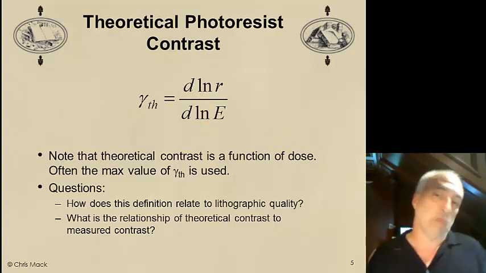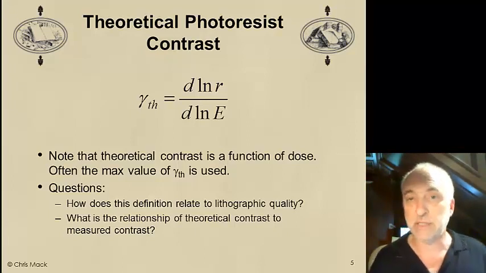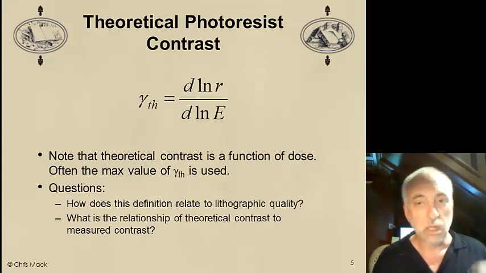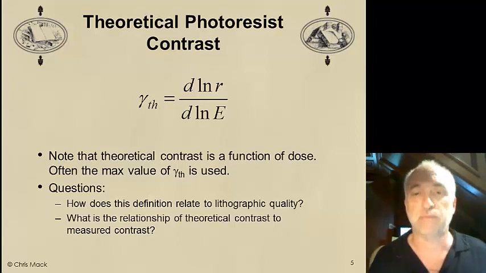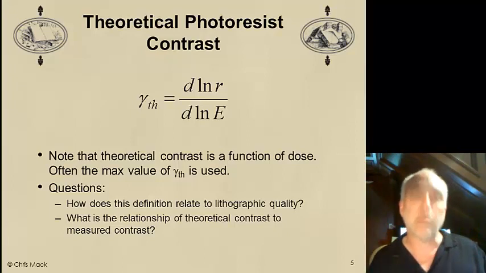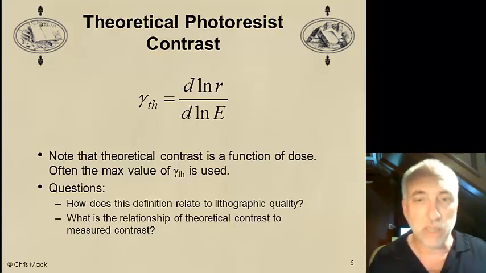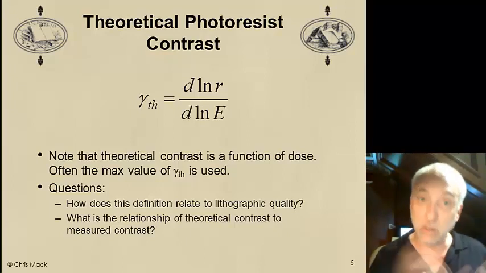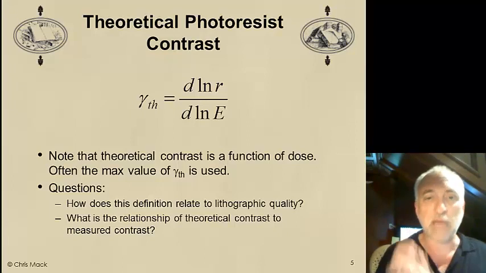I'll use natural logs because it's more natural. It's a function of dose, so sometimes we quote the maximum value. But a better way to think of it is that theoretical gamma is a dose-dependent function, and we would like to know what the whole function is. But even if we just quote the max value, that's better than what we've done in the past.